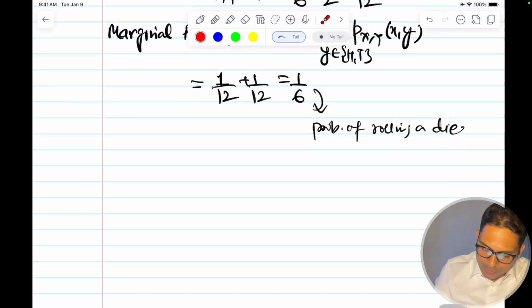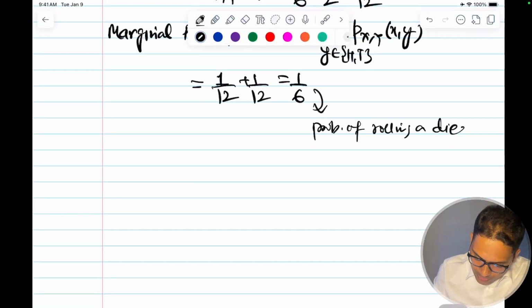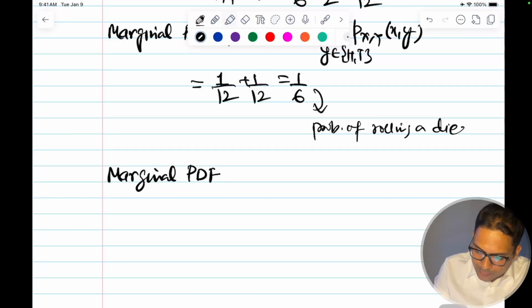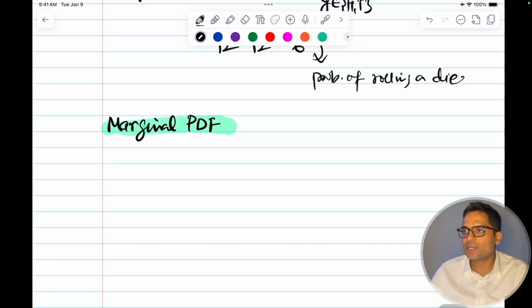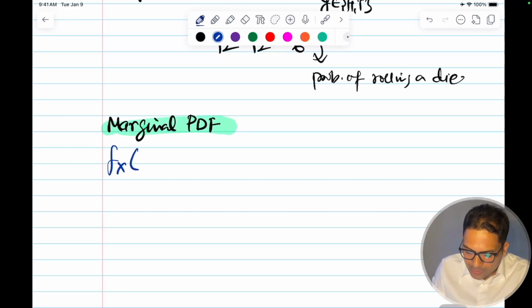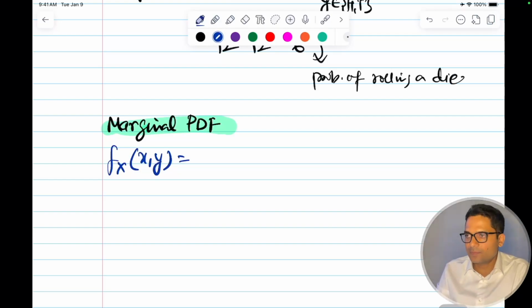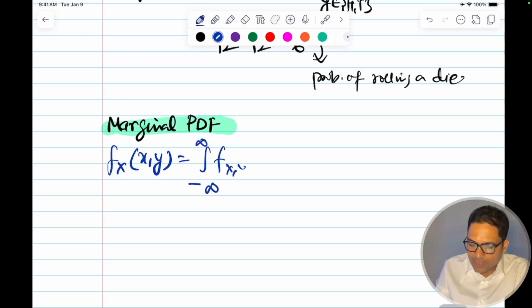And let me write the formula also for the continuous case. What will be the marginal PDF? We have seen the notations already, so let me write it down for you so that you remember. For a single variable, f of x, with small f for the probability density function, is the integral from minus infinity to infinity of f of x comma y, which is my joint PDF, integrated over y.